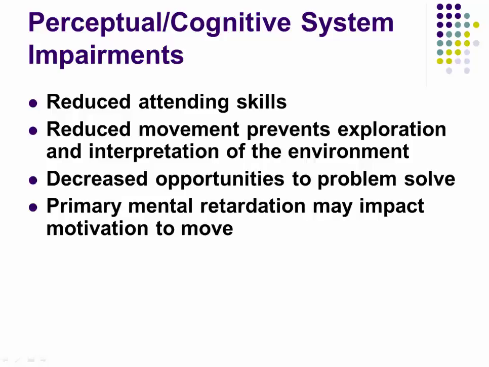If the infant is limited by the amount and type of movement, they have fewer opportunities to explore their world, and then they're unable to interpret the opportunities that the environment brings. If the child has an intellectual disability, many times they don't have the motivation to.